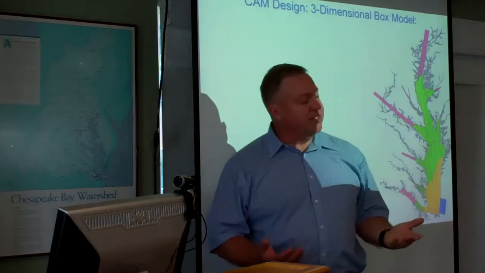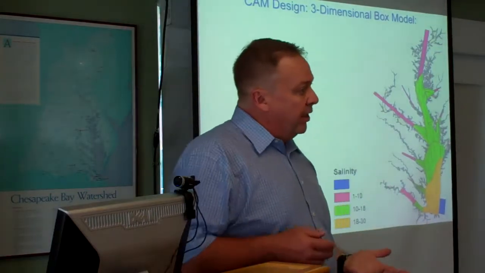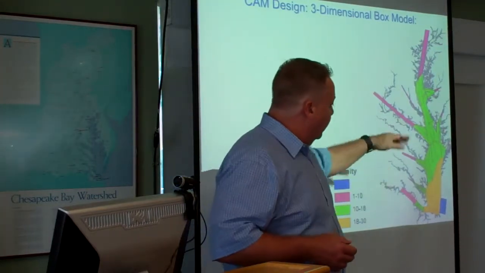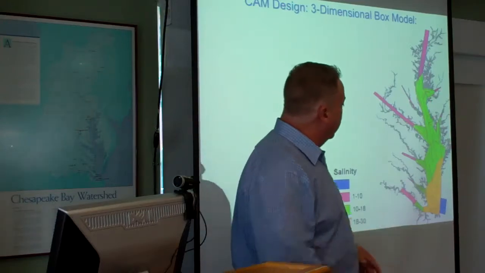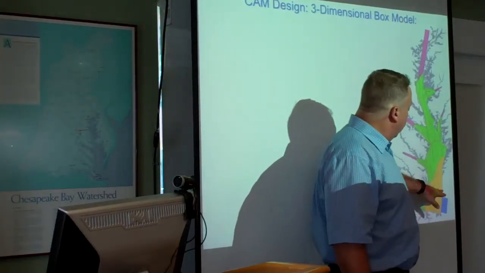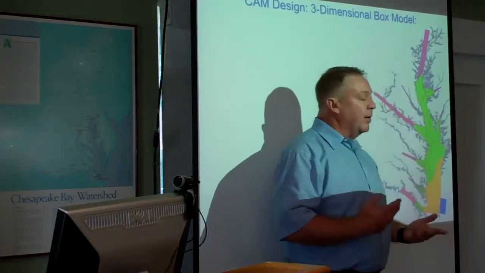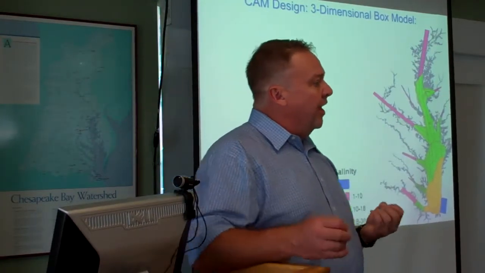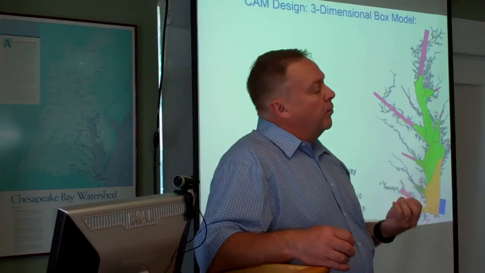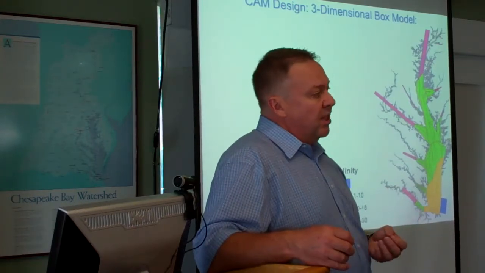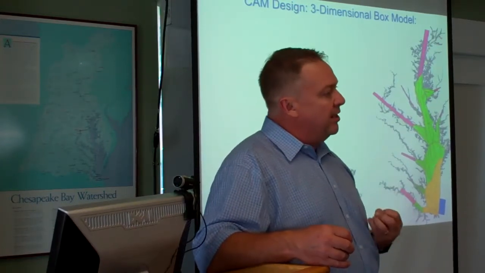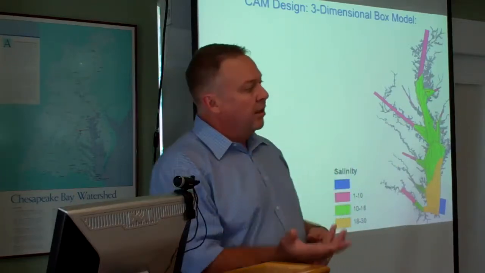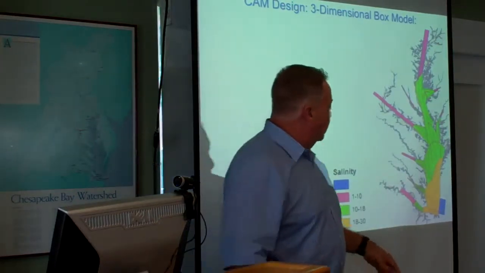The cells are based on depth and salinity. Here they're color-coded by salinity just for your visualization of them. And in the main stem, we also separate out habitat, sediment that oysters can recruit successfully to. So this is just sandy sand. It's not clay sand. It's not muddy sand, silty sand.